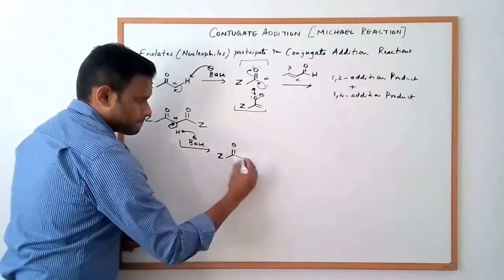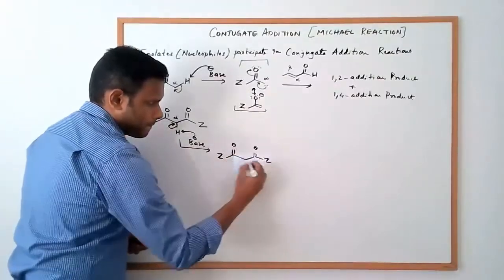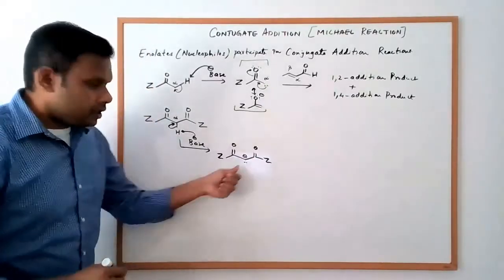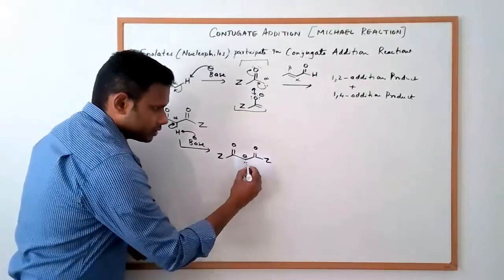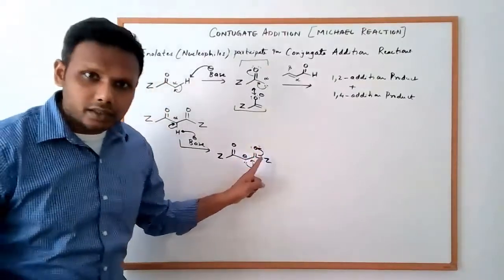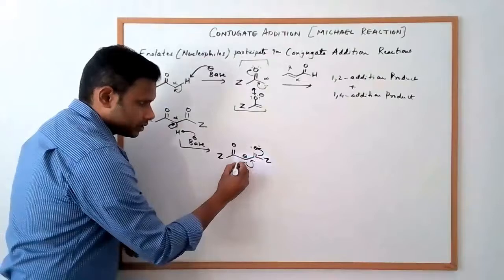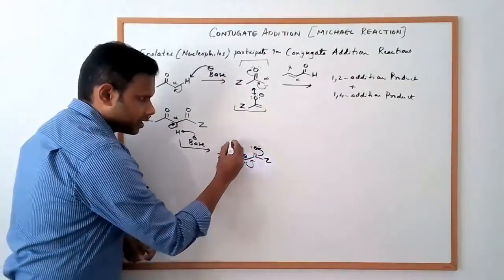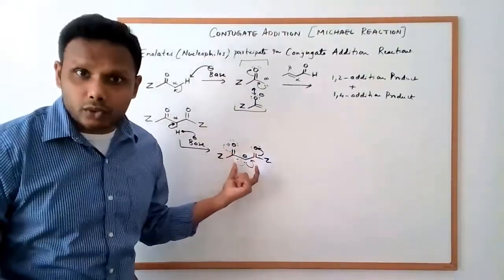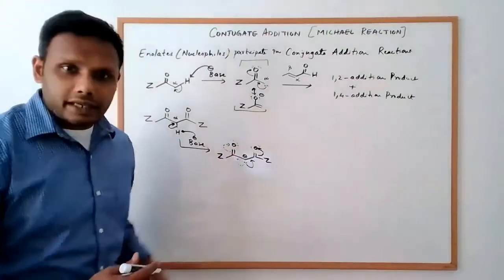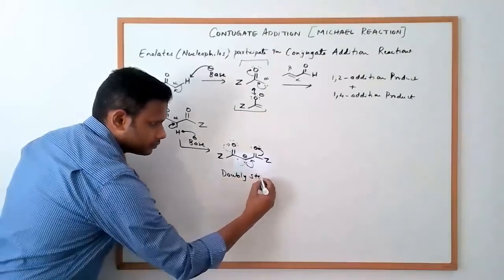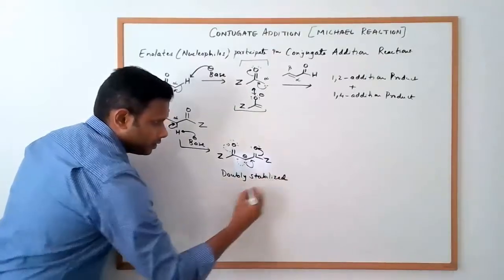And we have the lone pair there. And this enolate now is stabilized by resonance, and it can be stabilized by resonance to the right, or it could do resonance to the left, basically saying that it can use both of these carbonyl or keto groups for stabilizing this negative charge. So this is a doubly stabilized enolate.